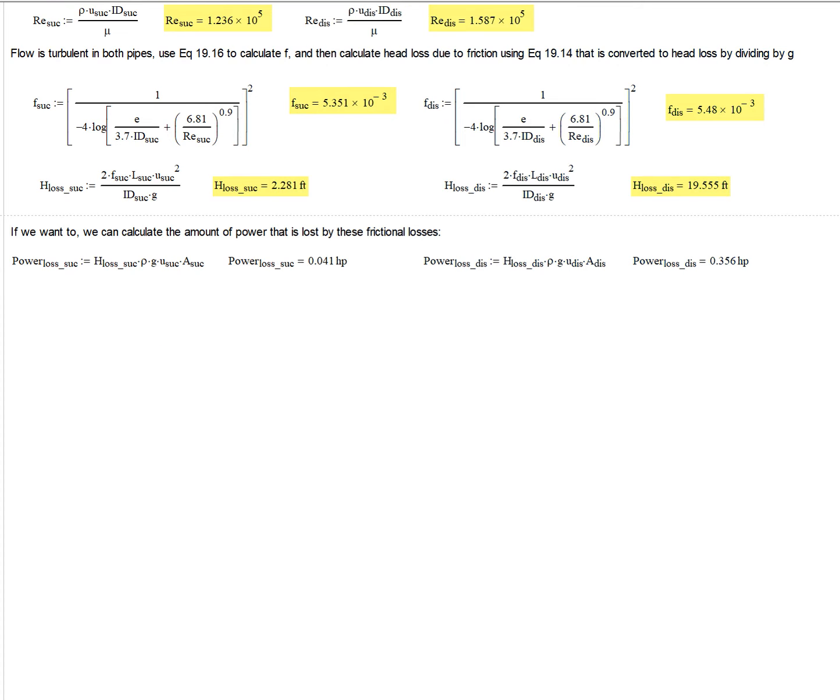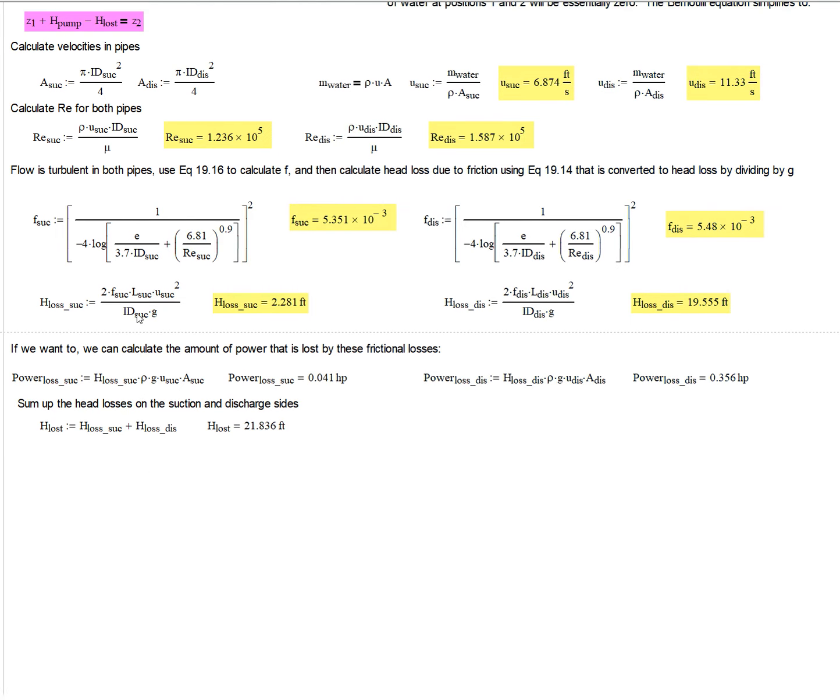We can then, of course, in solving this problem, we need to calculate the total head losses, and so that's just summing up the head losses due to the friction, and so that's 21.836 feet. And then, of course, remember what we're trying to solve for is the pump head that's required. And so now we have all our terms. We've got the total head loss.